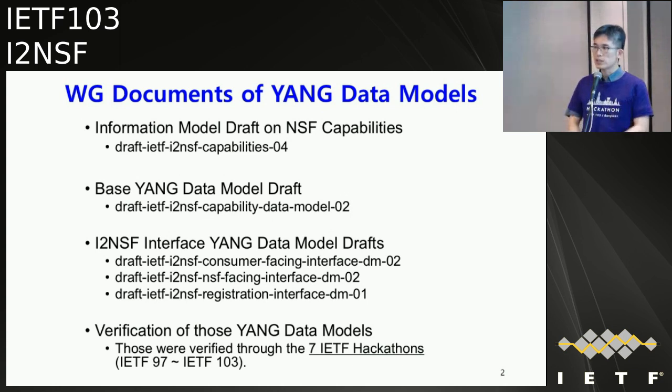If they provide some examples, we are willing to reflect them, though I think it is good enough. We verified our YANG data model in the last seven hackathon projects, and it is working well, even on top of NFV as a proof of concept.